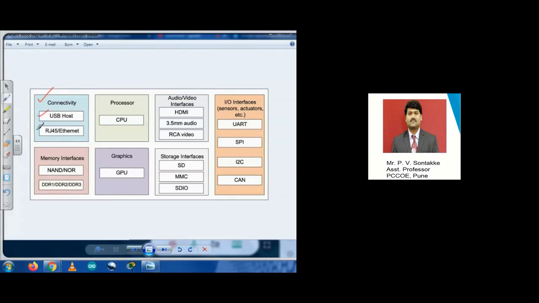Not only that, but if I'm talking about physical connectivity, the Ethernet port is one of the important ports for communication. Whenever I'm talking about Ethernet, indirectly I'm talking about the RJ45 jack or port. RJ stands for registered jack 45. Traditionally we had the small RJ11 jack used in our telephone instruments to connect the cable.